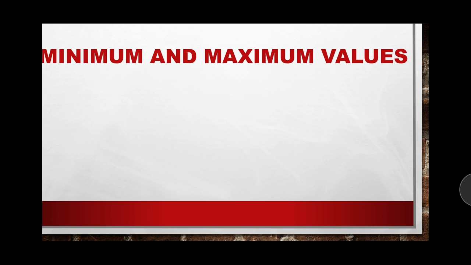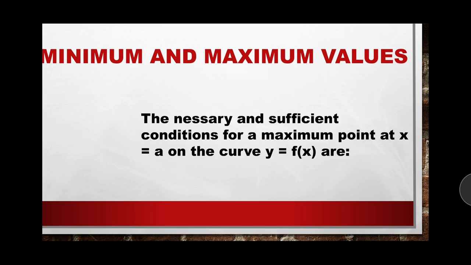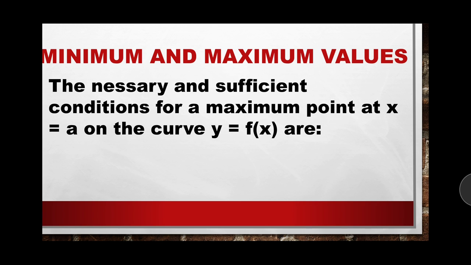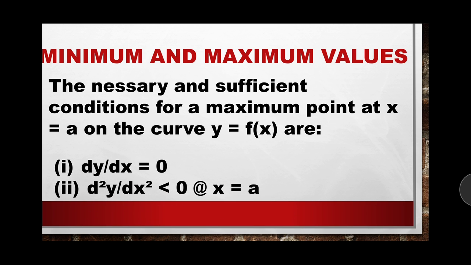Minimum and maximum values. What is important for us to know here are the necessary and sufficient conditions for a maximum point at x equals a on the curve y equals f of x. These are the conditions. At a maximum value, dy/dx is equal to 0, and d²y/dx² is usually less than 0.